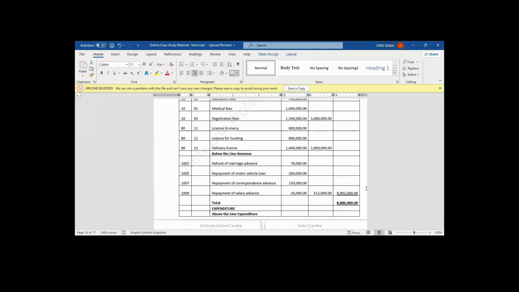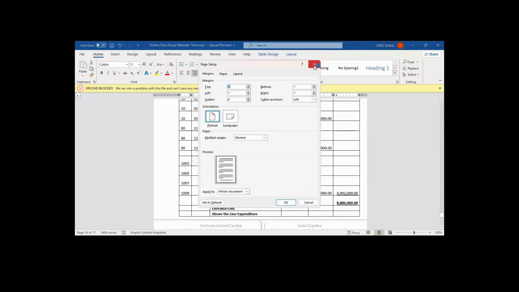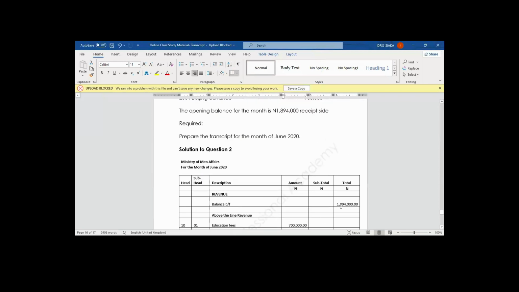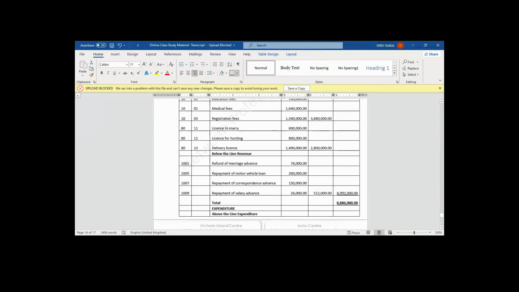To the 6,992,000, I will add the opening balance of 1,089,894,000, so that I will get the total revenue, which is 8,886,000.